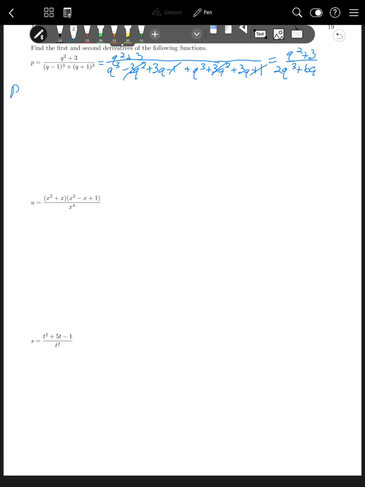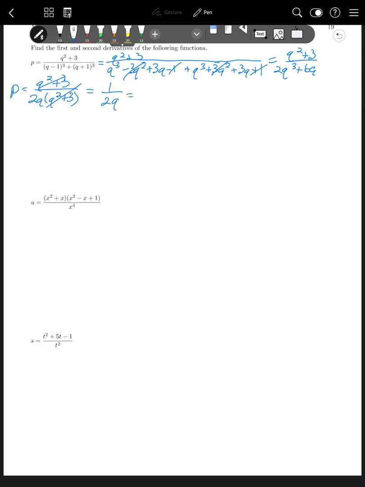And now we can simplify it even further because I can factor out a 2q on the bottom. So this is q squared plus 3 over 2q times q squared plus 3, and now the q squared plus 3 cancels, and this is 1 over 2q, and I can do that derivative pretty easily.